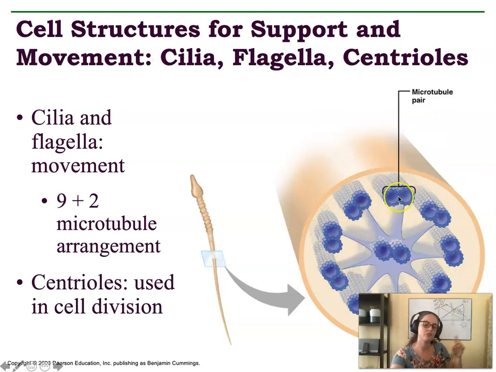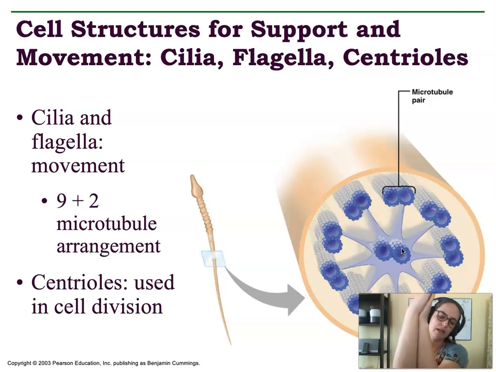So we're going to have a microtubule pair. We're going to have 9 microtubule pairs. And right in the middle, we're going to have a little microtubule doublet. Functionally, where these pairs are, there are proteins linking them together.